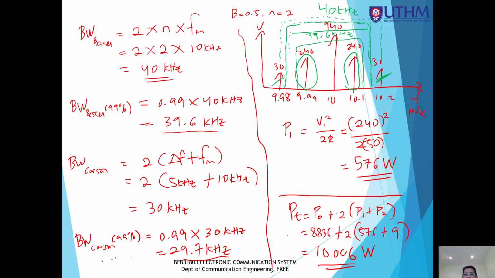Again, in my example, the question does not state clearly what total power means. If it is the total power of 99%, that means total power after we put the band pass filter. I can write P total of 99%, within this 99% of the bandwidth, so I only get P0 plus 2 times P1.